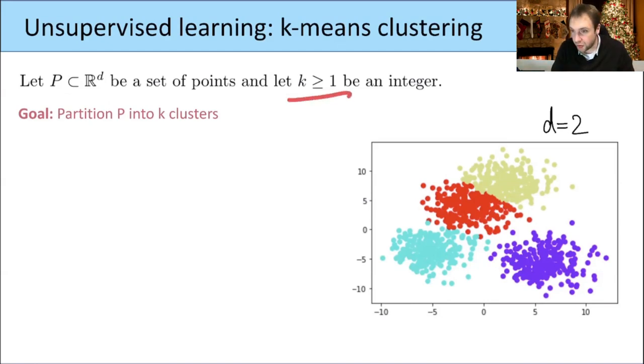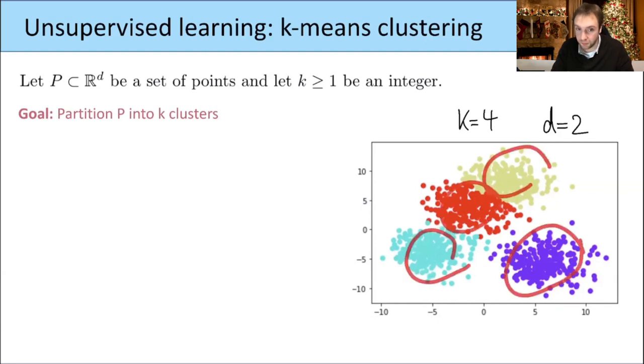But first we will choose. So we will try to find k different clusters. So here in the picture, k is 4. And the idea is to partition this set P into 4 different subsets, these so-called 4 clusters.